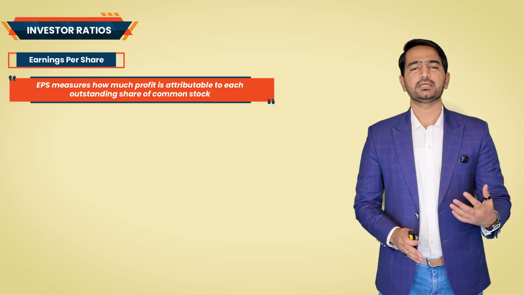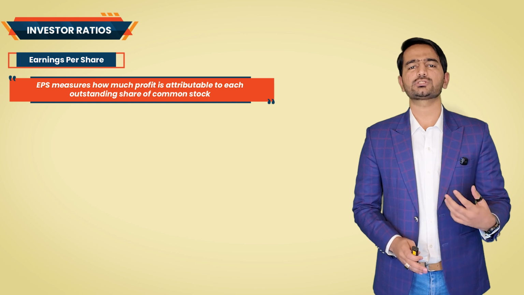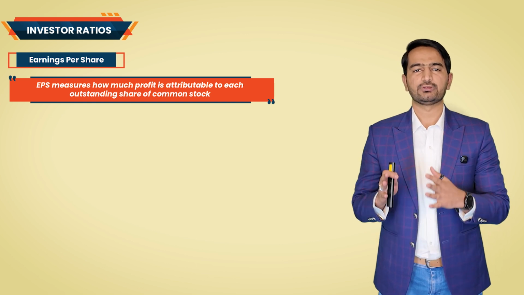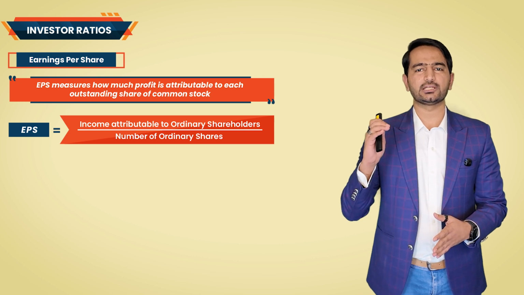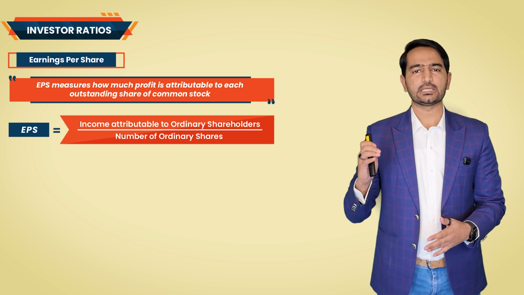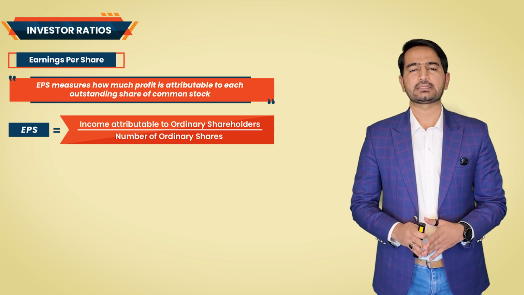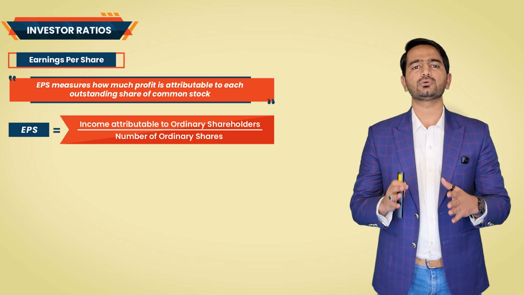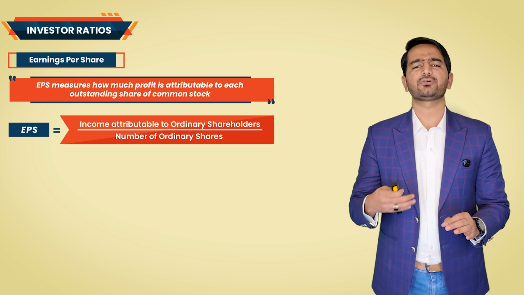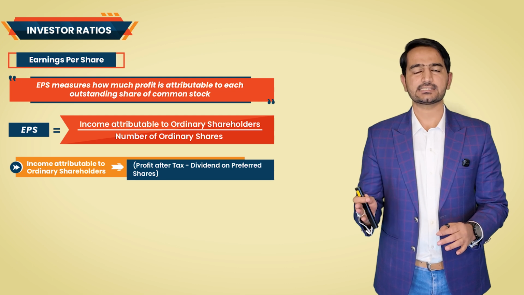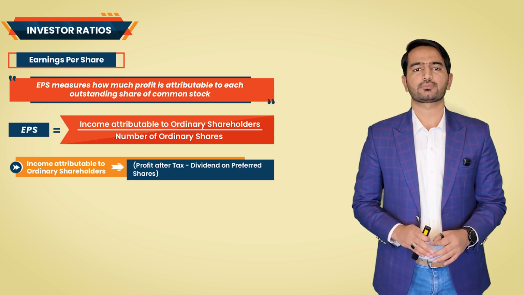Now, to measure how much profit each ordinary share gets, we use the following formula. We take income attributable to ordinary shareholders in the numerator and divide it by the number of ordinary shares. Here, income attributable to ordinary shares is the net income of the company, that is profit after tax, less dividend on preferred shares or preferred stock.